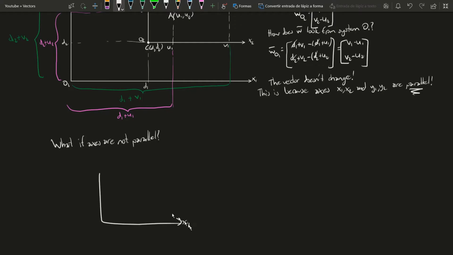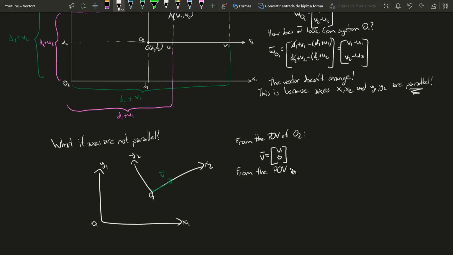To illustrate that case, let me draw another 2 coordinate systems and another vector. To simplify things a bit, I'll draw the vector so that its direction matches the direction of axis x2. Focus on looking at vector v from the point of view of system O2. Since it's laid along the x-axis, it has no component on the y-axis, so its components would look like v1, 0.